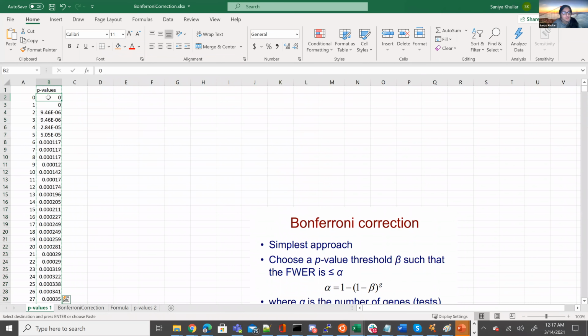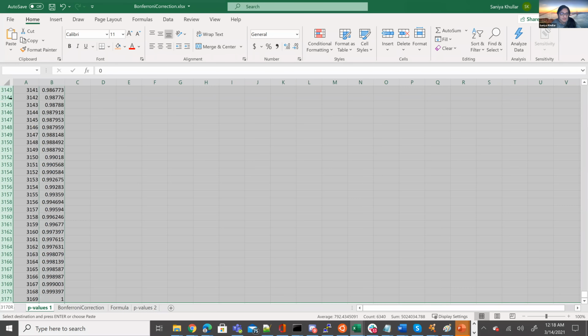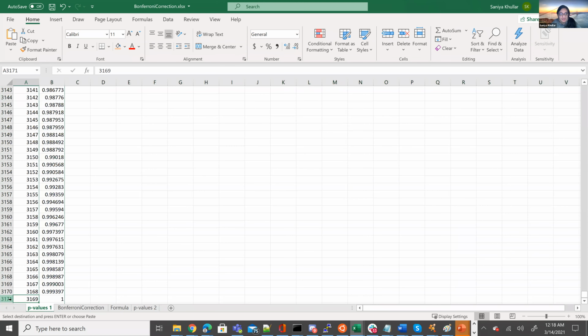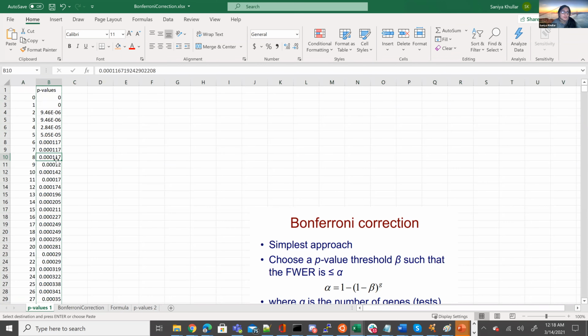Each of these probability values corresponds to the two-sample t-test for each of those 3,170 different genes here. It starts from 0 to 3169 because I was using Python to get this information. Now what we typically do is use a value of 0.05, and then we reject the null hypothesis.